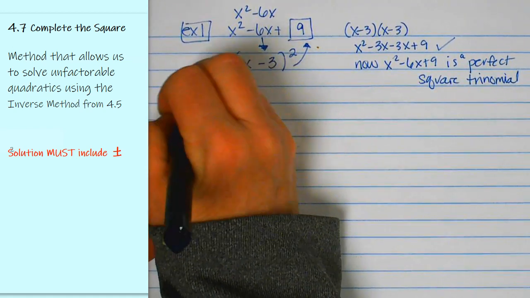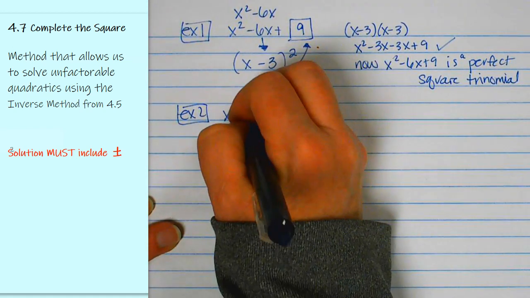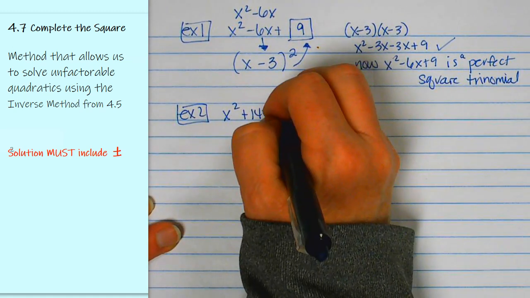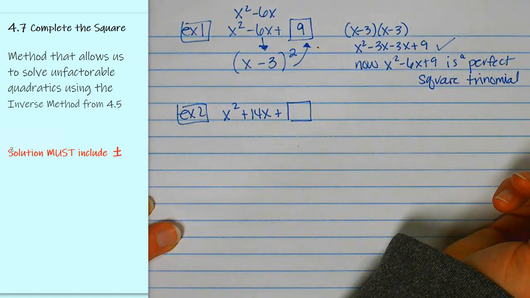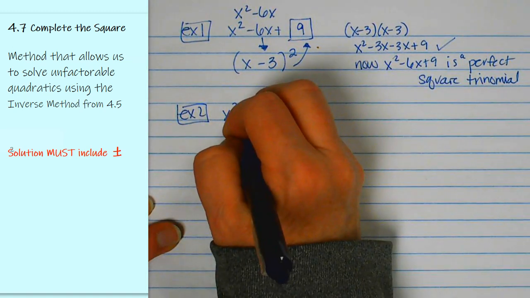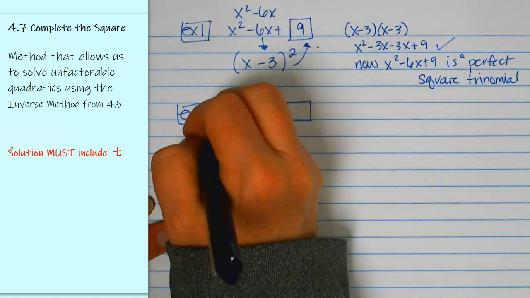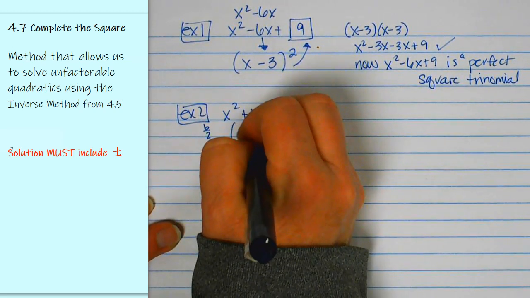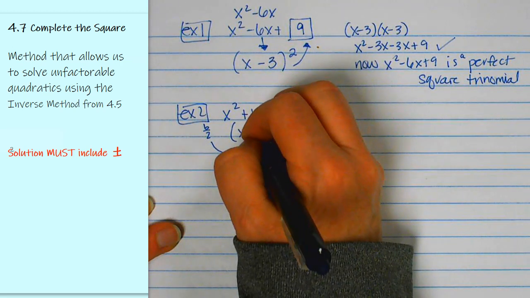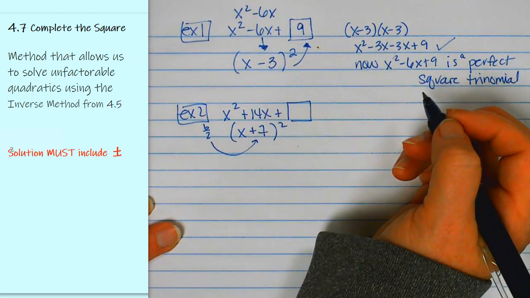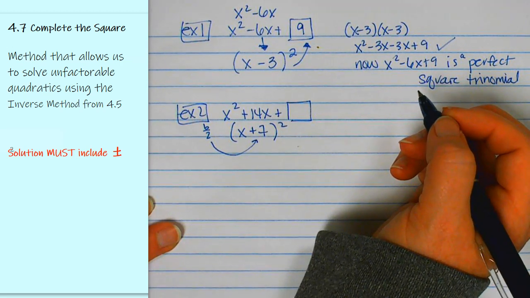Example 2, x squared plus 14x plus, I don't know what goes here. So every time we're going to start with x, and we're going to find b over 2 to put here. b is 14. 14 over 2 is 7. It's positive 7. x plus 7 squared. X plus 7 squared multiplied out is going to be a trinomial.